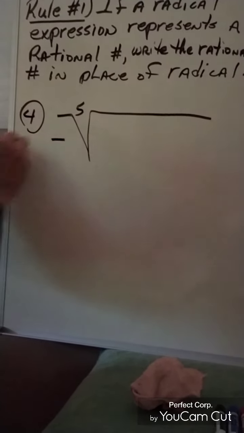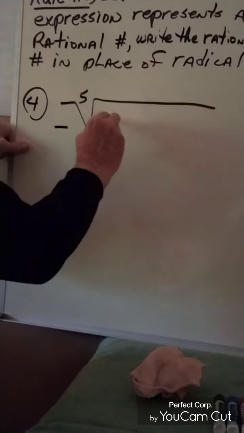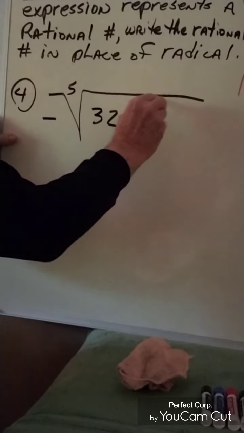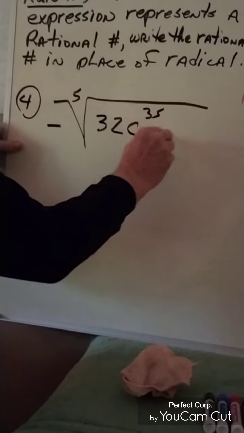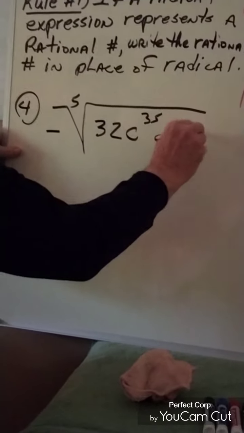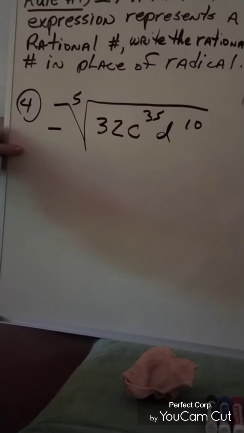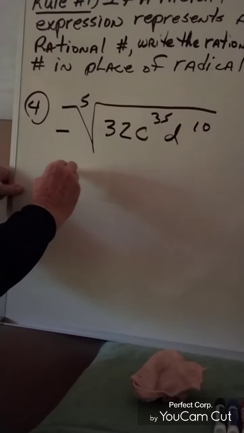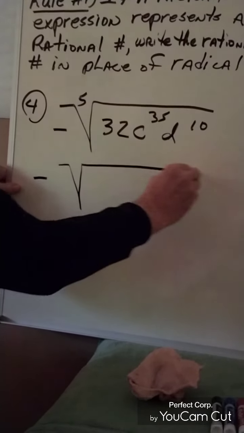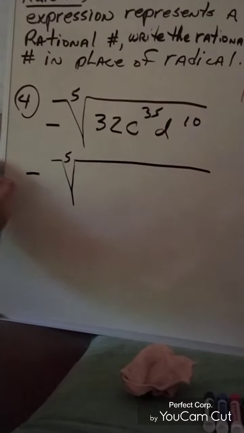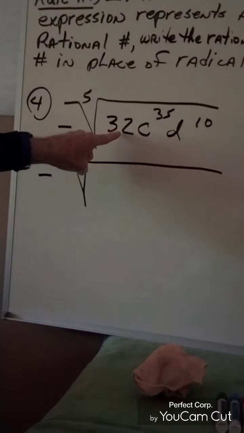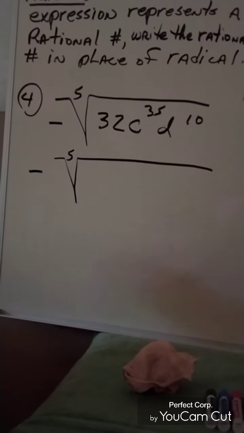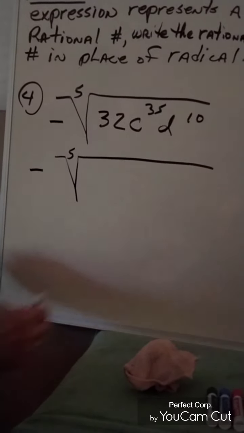We'll stick a negative sign on the outside. 32, c to the 35th, d to the 10th. I'm going to bring down that negative sign, the radical, index of 5. I'm going to take 32 and prime factor it so we don't have to worry about what our result is going to be.